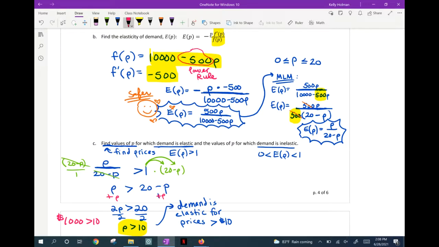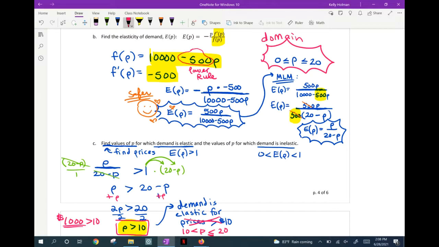The price, remember our domain? The price has to be between $0 and $20. So if I just left my elasticity as greater than 10, you're assuming it could be 1,000 or 1,000,000, so we have to cap it. When I go to say for prices greater than 10, I'm going to get points off. I need to say for prices greater than 10 but less than 20.